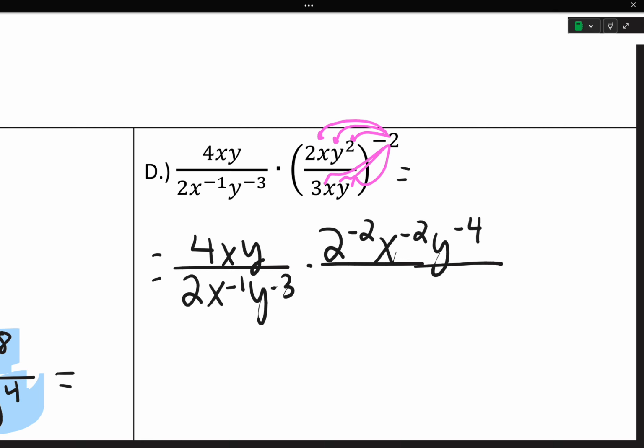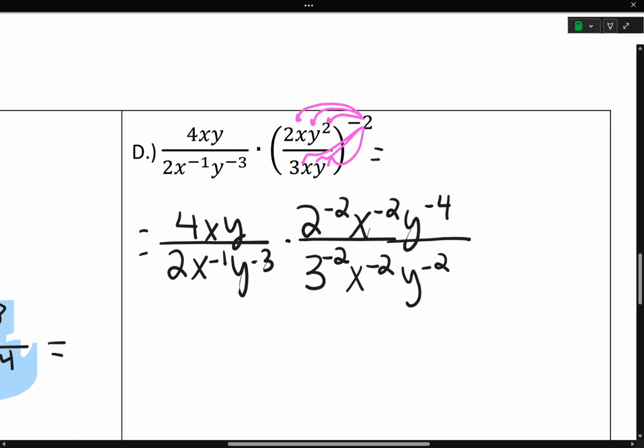For the top of the second fraction, I end up with 2 to the power of -2, x to the power of -2, and y to the power of -4. On the bottom, I get 3 to the power of -2, x to the power of -2, and y to the power of -2. Okay, now we organize.